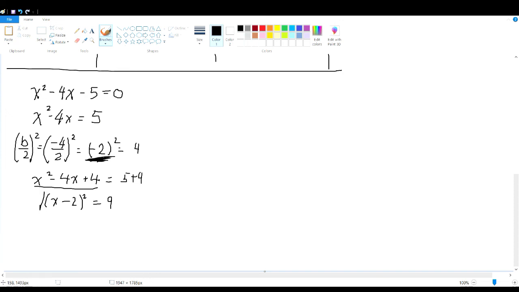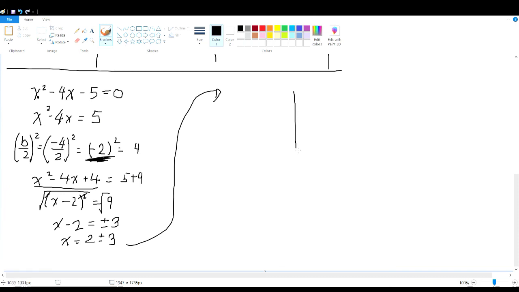Ngayon, square root both side. Cancel, cancel. X now, minus 2 is equal now to square root of 9 is positive, negative 3. Transpose mo yung negative 2. X now is equal to positive 2, positive negative 3. From negative, transpose, naging positive. So, what are the two values of x?